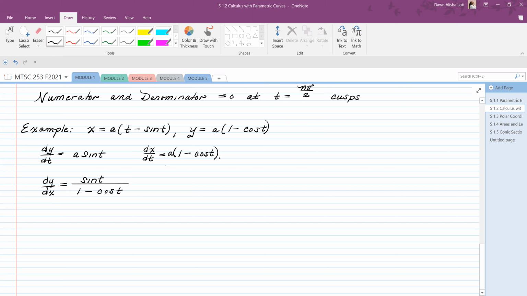Okay, so when is the slope equal to 0? So dy/dx equals 0 whenever t is a multiple of pi.